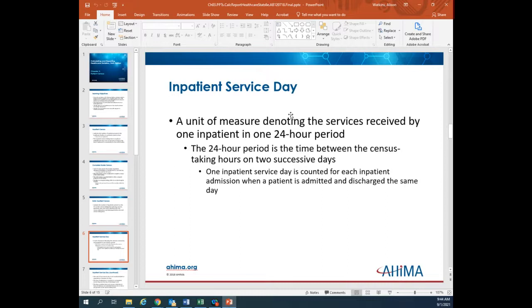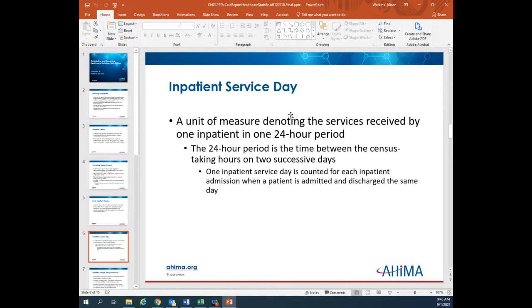One inpatient service day is counted for each inpatient admission when a patient is admitted and discharged in the same day. So what's different about inpatient census is that now we're counting that person that was admitted and discharged in the same day, where we didn't count that before. Remember, we subtracted that.